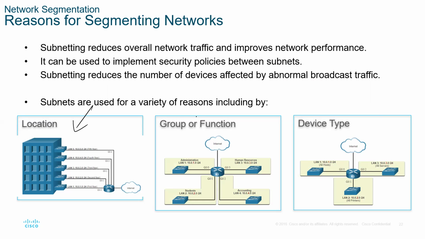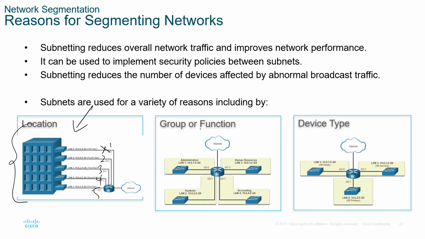Let's say this is the first floor, second floor, third floor, fourth floor, fifth floor. They all have different networks. If the network on the first floor goes down, 2, 3, 4, 5 will still function because they are not in the same network. That's the advantage of segmenting a network.